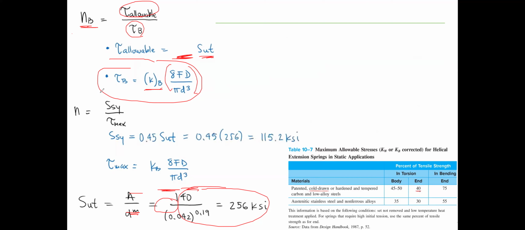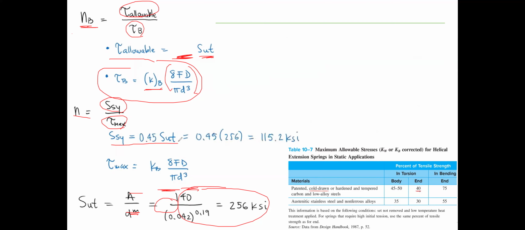And finally, we use the SSY to evaluate the safety factor. SSY divided by the maximum shear stress. And SSY equals 55% of the SUT.